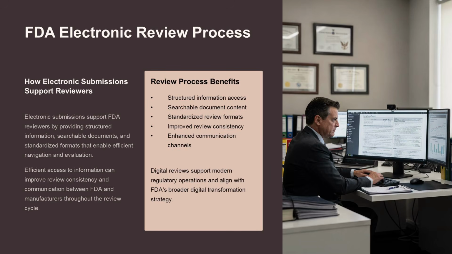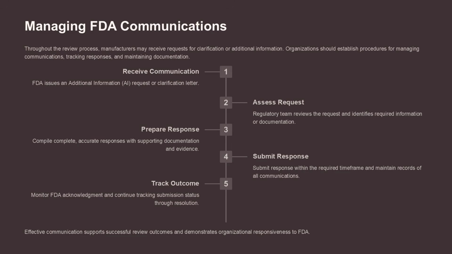This enhances communication channels and improves review consistency. Throughout the review process, manufacturers may receive requests for clarification or additional information. Establishing procedures for managing communications ensures successful review outcomes and demonstrates organizational responsiveness to FDA.